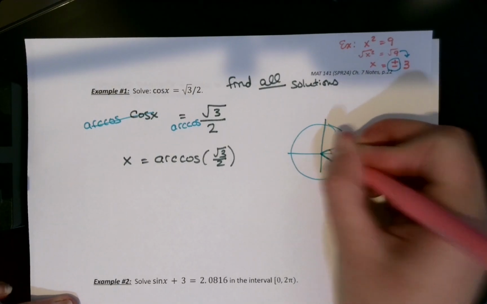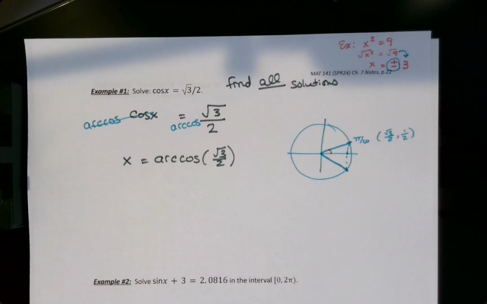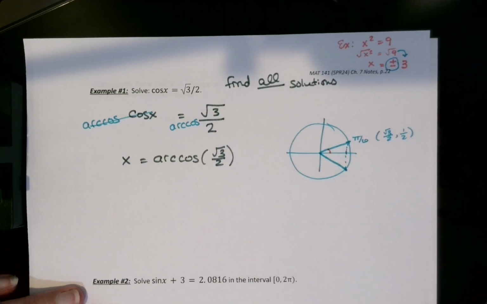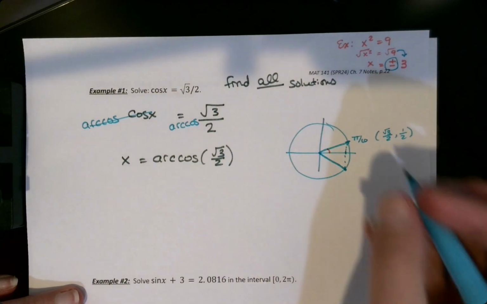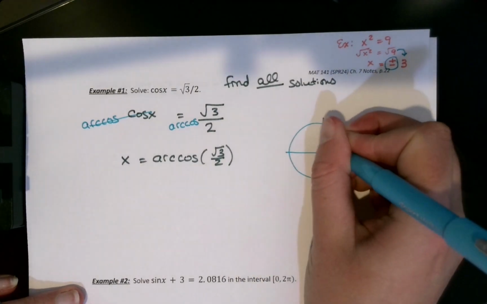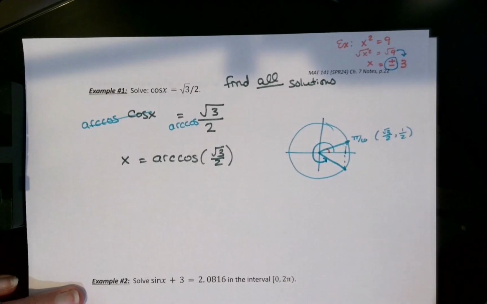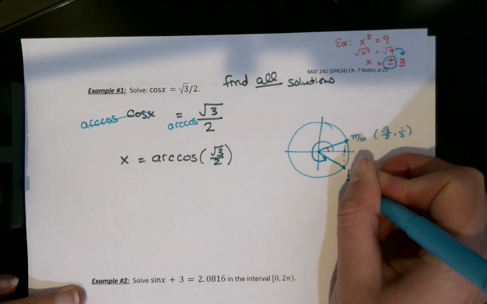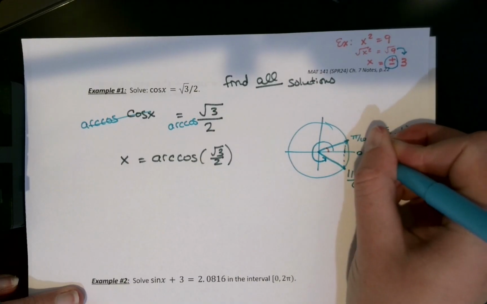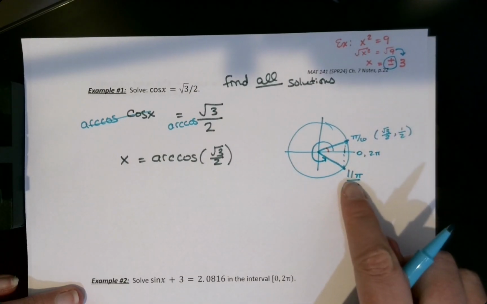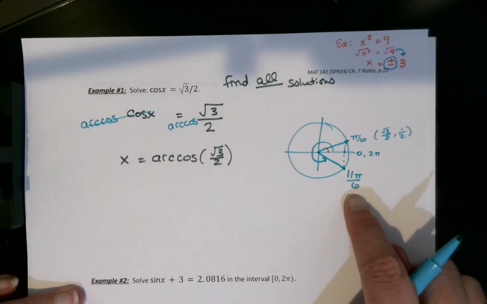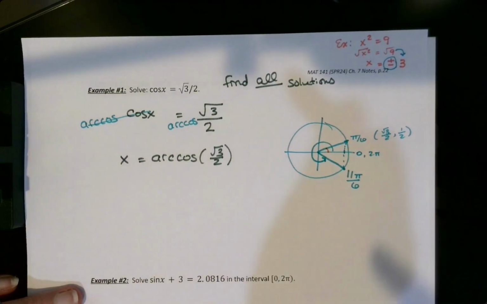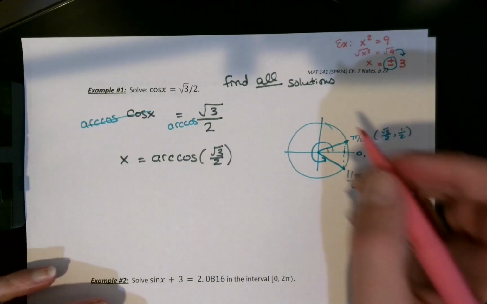So we have this angle right here of pi sixths, and we need to have the measure of this angle as well. This angle can be measured as 11 pi sixths, right? Because this here is 0 or 2 pi, and 2 pi minus pi over 6 is 11 pi over 6. But I also could take each of these angles and wrap around.